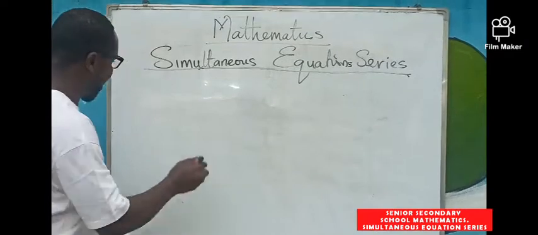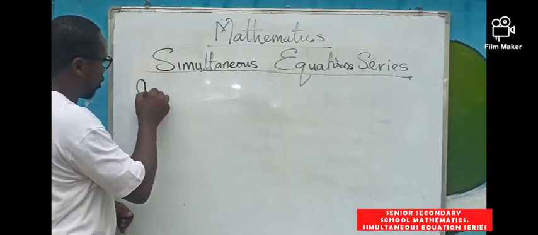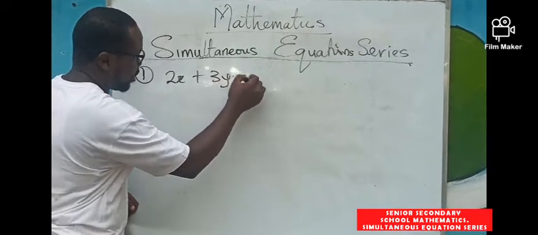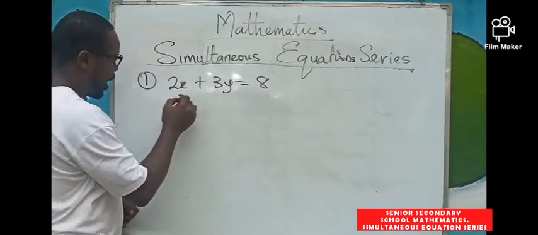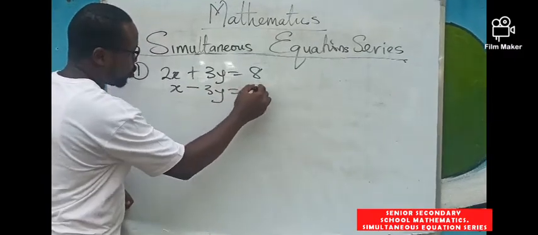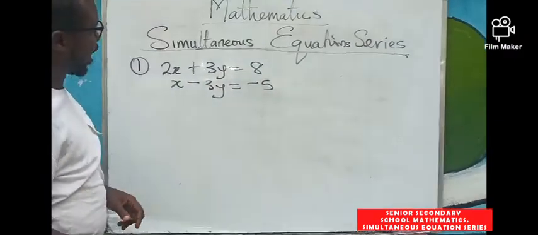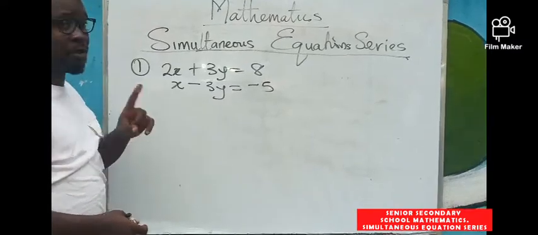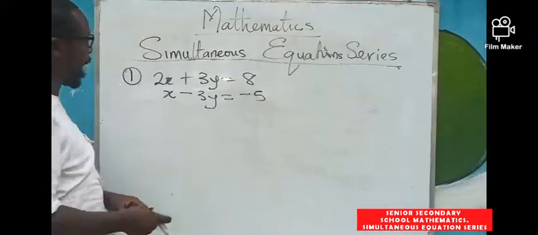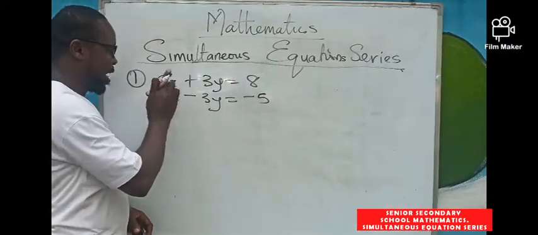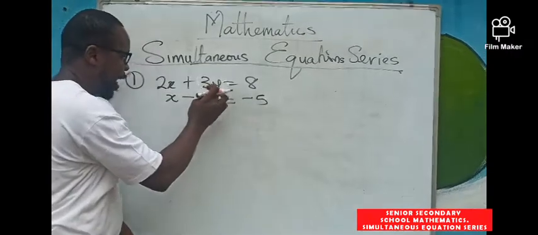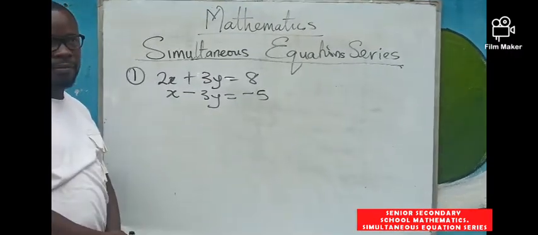Meaning that if I have, for example, question number 1, 2x plus 3y is equal to 8, and x minus 3y is equal to minus 5, I can easily say that if these two equations are simultaneous, the value of x and the value of x will be the same, and the value of y and the value of y will be the same.